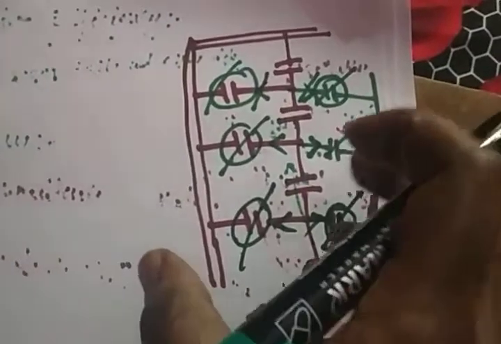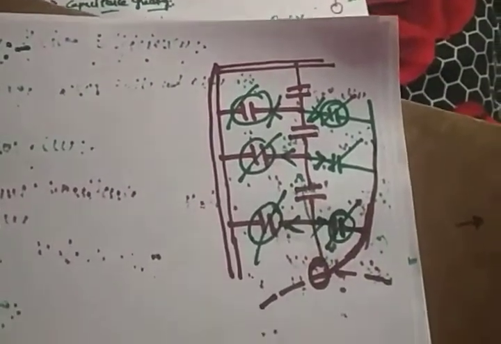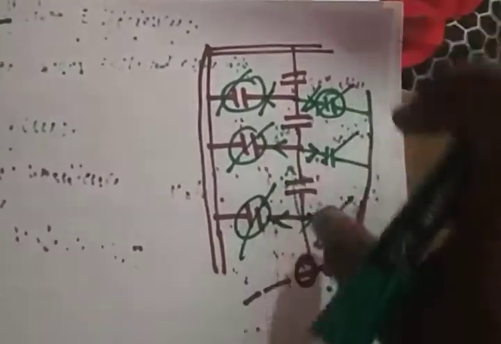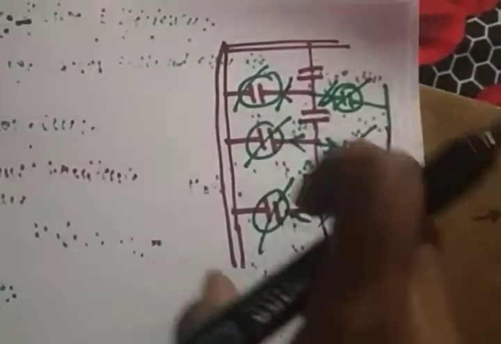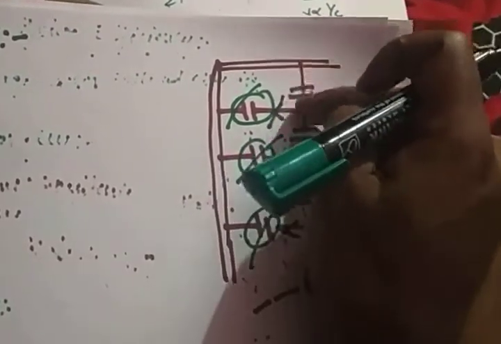That means you are removing the shunt capacitance with the help of these guard rings, right? If the shunt capacitance is removed, only the self capacitance will exist. If only the self capacitance exists, the current flowing through the self capacitance is equal.